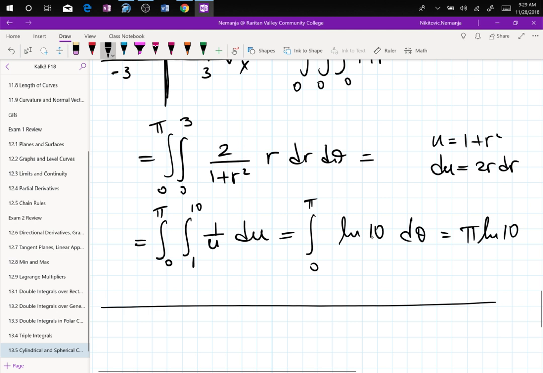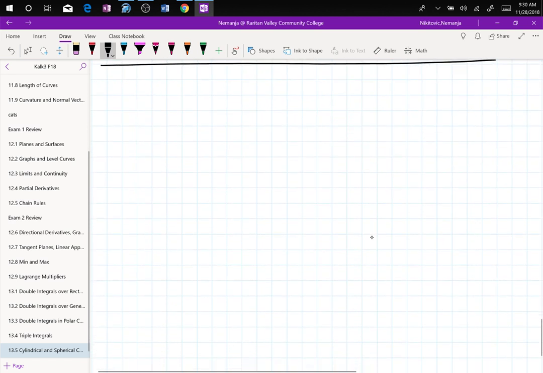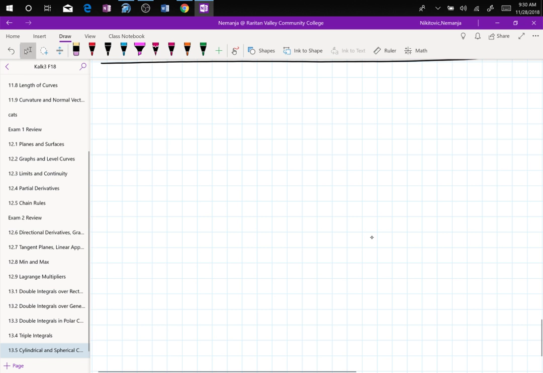Now I'm going to ask for one more conversion to practice, and then we're going to move to spherical. So here's another problem. Problem 20 looks nice and evil. I mean nice.